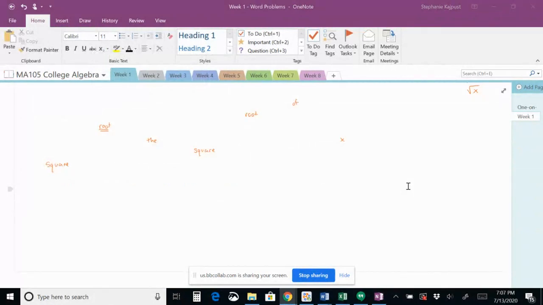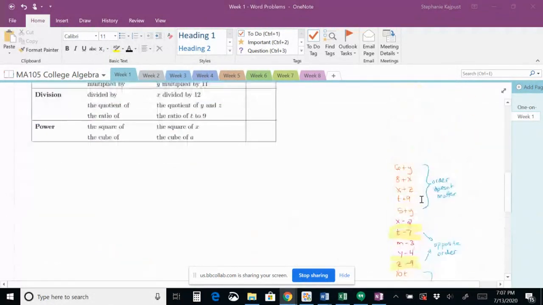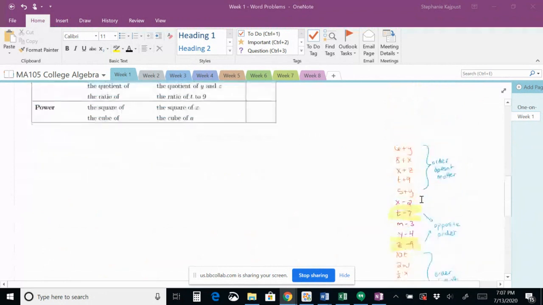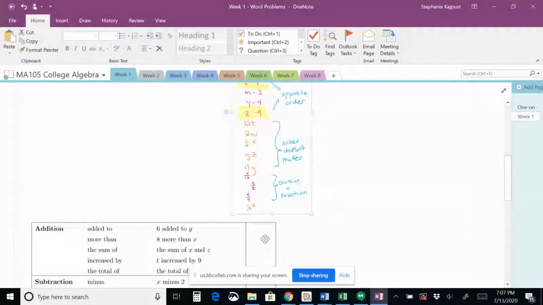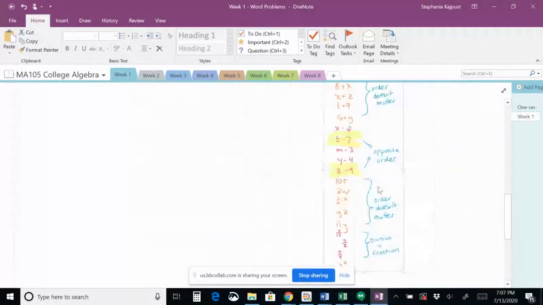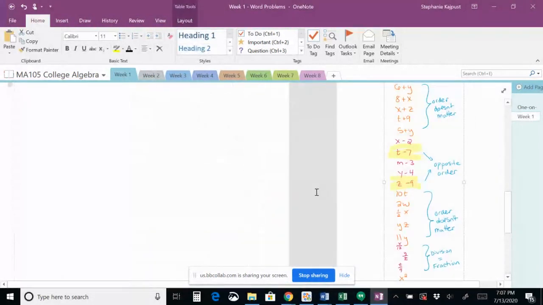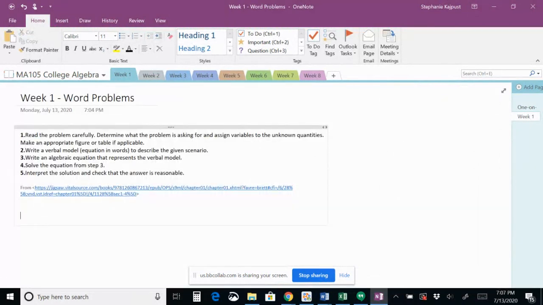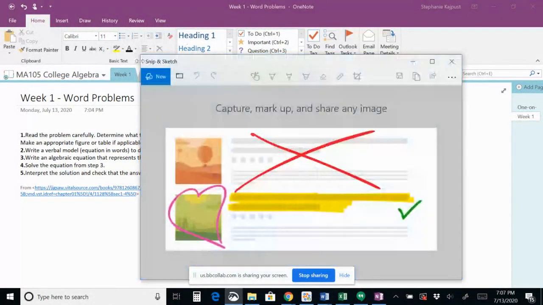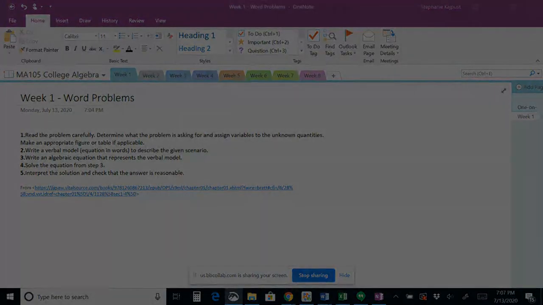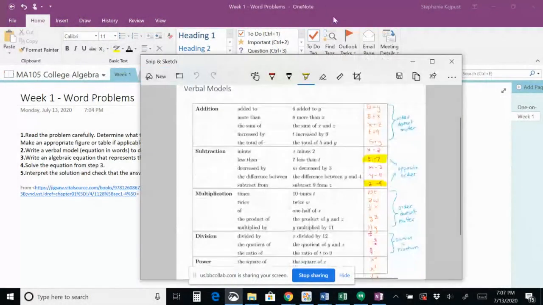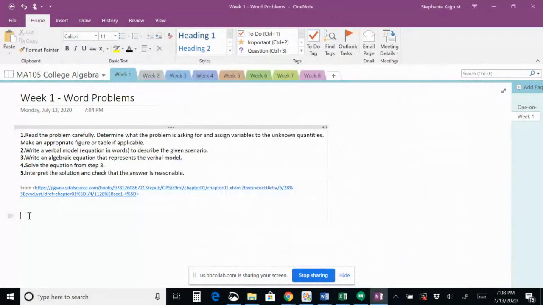And hopefully it copied nicely. It looks like it copied all over the place. Okay. This, it's not even moving. I don't know what it's doing. Okay, let me just undo. Okay. Well, I will take a screenshot of my document instead. That will work. And then I'll paste it into here.